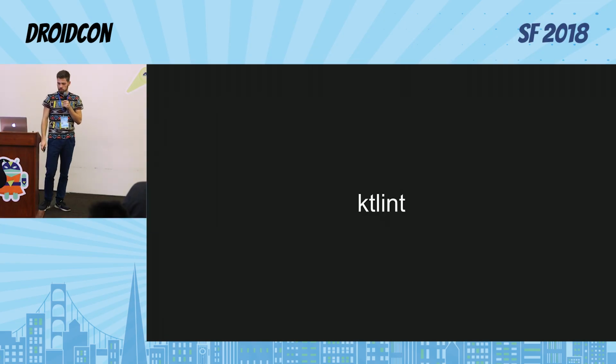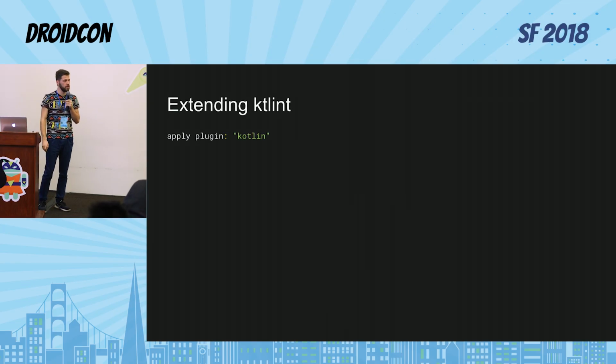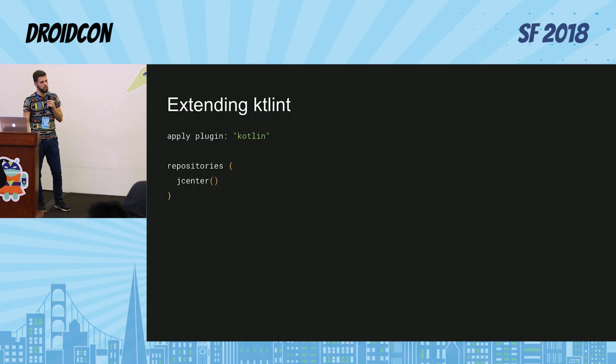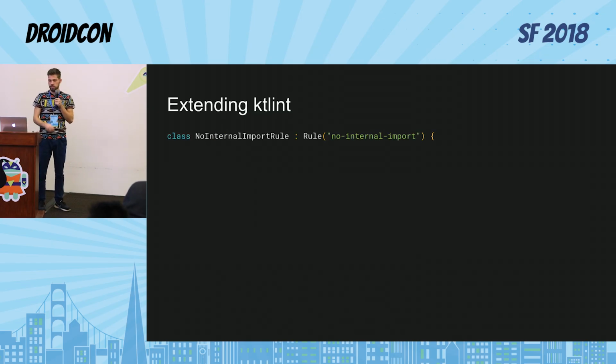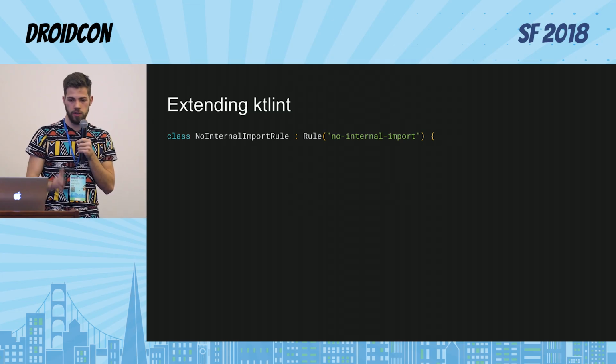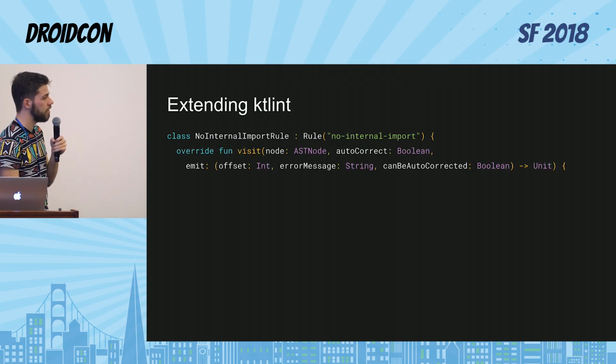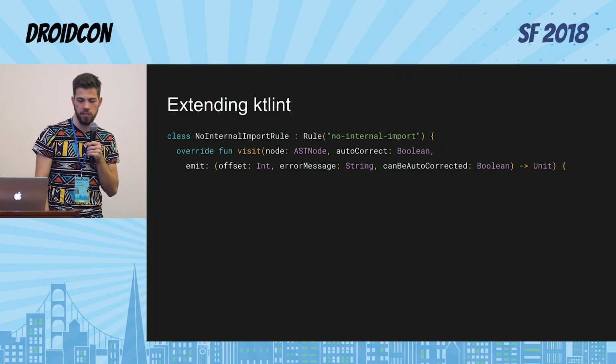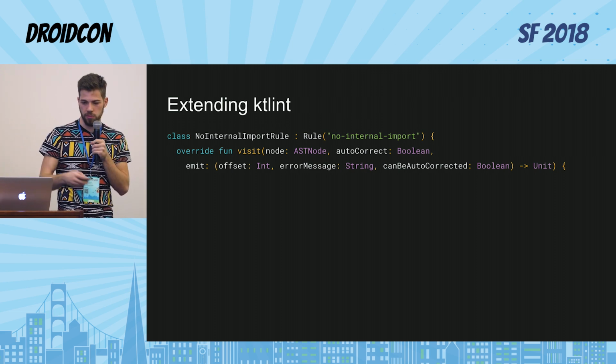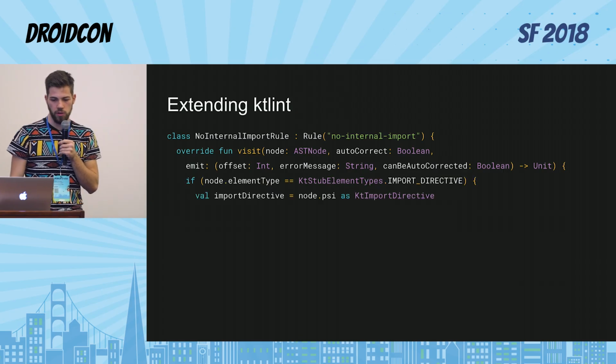KtLint is also similar here. We need, again, a new custom module, the repository, and we take the APIs. Then they also have their own Rule, which we give an identifier. Here it's a bit different. Instead of having a specific visit method for each of the capabilities like classes, annotations, methods, and import statements, it has one general one.